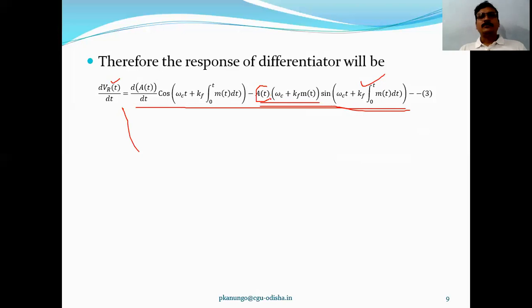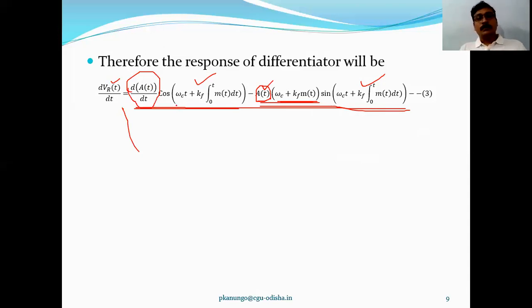So there are two parts in the amplitude now. There is an A(t) term, there is an omega_C plus K part, and this part is our information part, and this part is the noise part. The first part is also an FM signal, and this is dA(t)/dt, the derivative or rate of change of the amplitude variation of the FM signal.